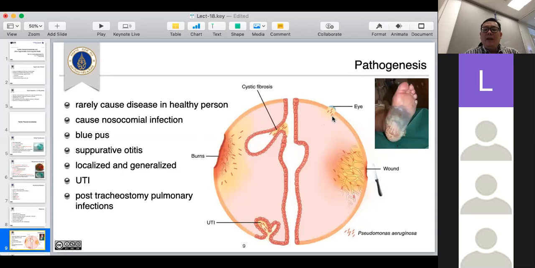They can infect eyes, wounds, and burns. Burns are very important. If you get burned and go to hospital, you need to stay in hospital for quite a while, and the burn can be harmed by infection with Pseudomonas aeruginosa. Another one is the respiratory tract, particularly associated with patients who have cystic fibrosis.